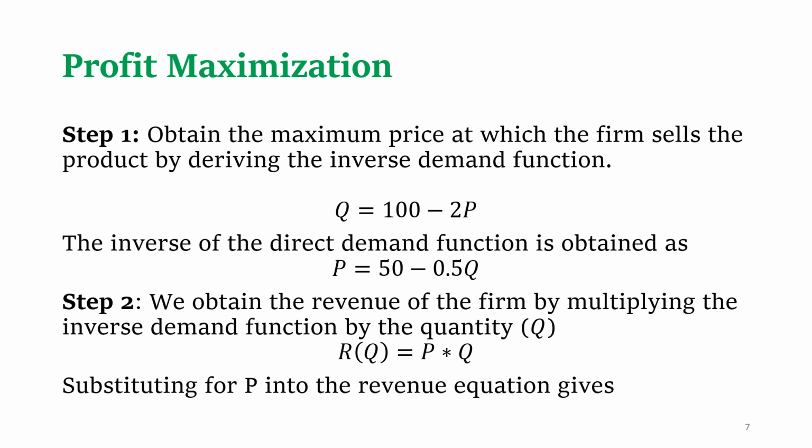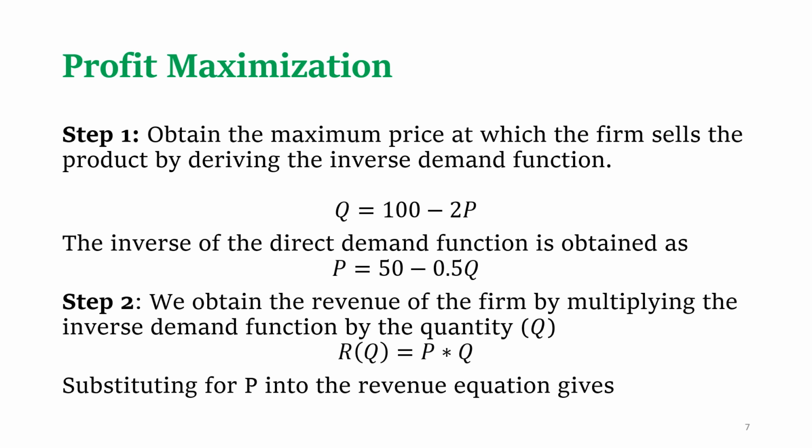Now, after obtaining the inverse demand function, the next step is what? To multiply that by the quantity to get the revenue. That one is straightforward. We multiply that by the quantity and that gives us the revenue, right?